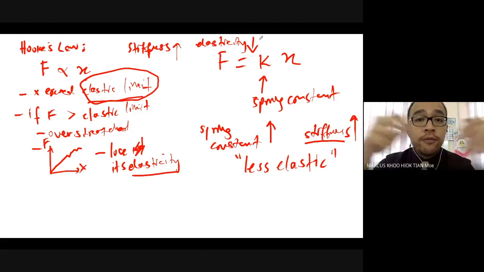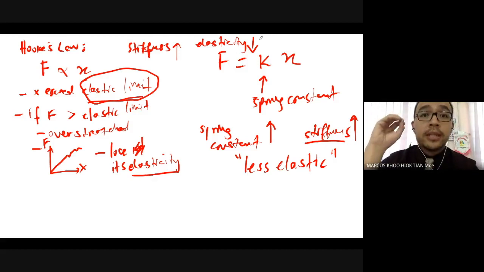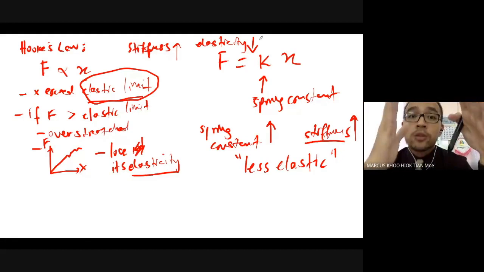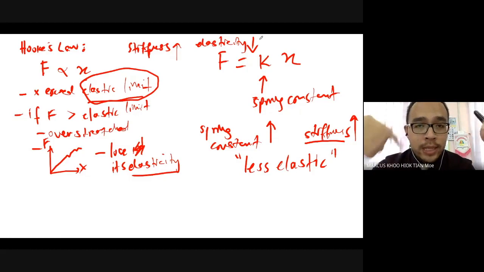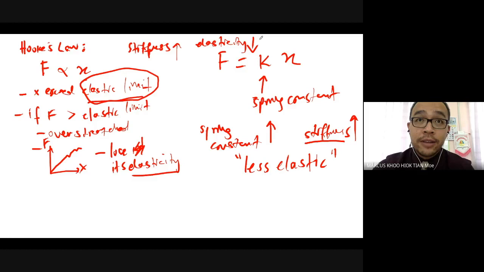Very easy to stretch means it is more elastic, because very easy to stretch means it's very easy to come back to its original position. When something is less elastic, atau dia punya stiffness sangat besar, it is very hard to stretch and very hard to go back to its original shape after you take out the force.